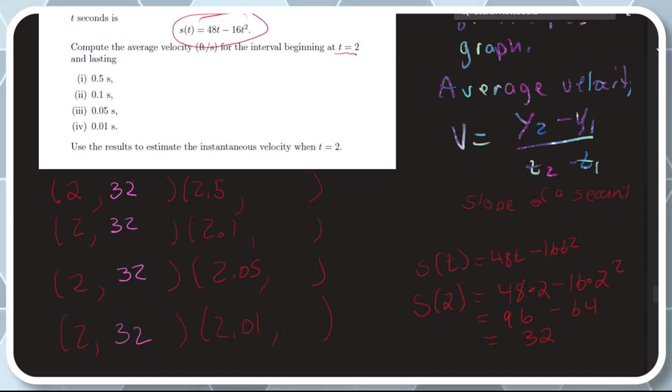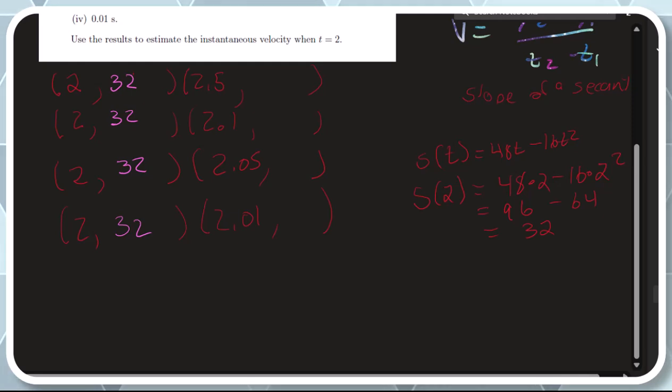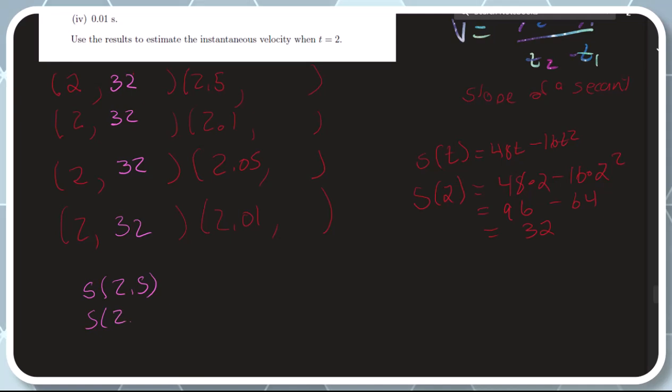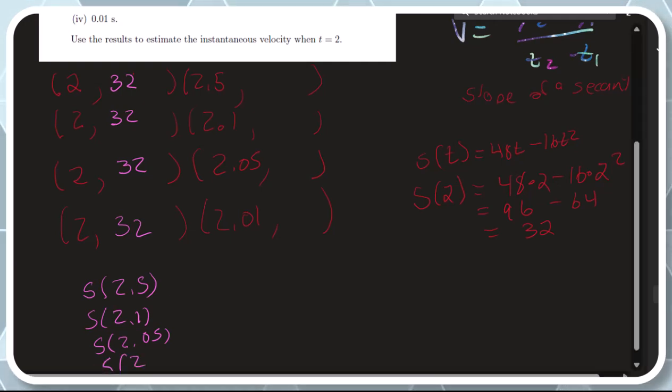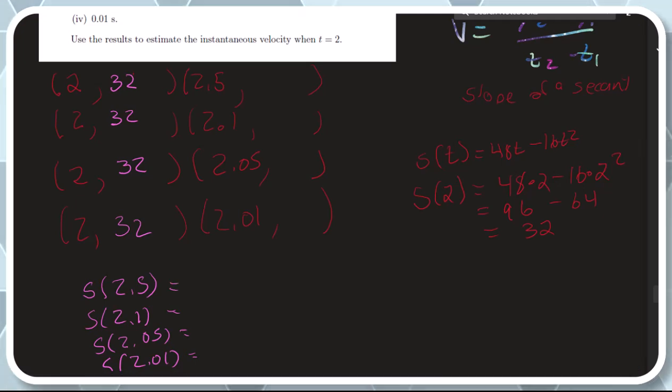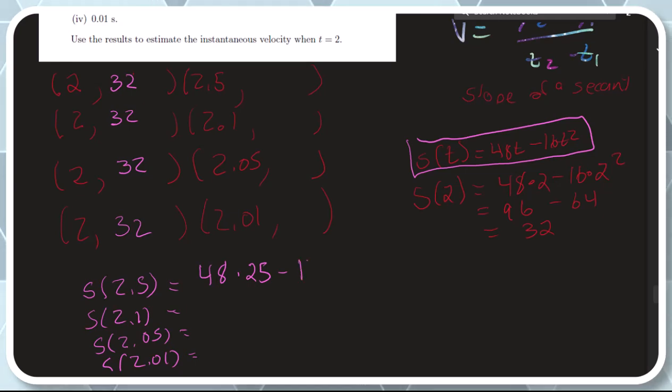Okay, now we need to find the height at these other times. So we need to find s of 2.5, s of 2.1, s of 2.05, and s of 2.01, and you do that just by plugging the number into our function, 48t minus 16t squared. So s of 2.5 is 48 times 2.5 minus 16 times 2.5 squared.